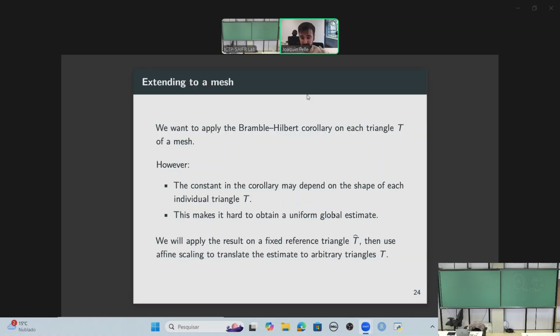We cannot directly apply it to each of the triangles of the mesh, because on each triangle we have a different polynomial, and then the constant in the corollary will depend on each of the individual triangles, and that will make it difficult to obtain a global estimate, right? So we need to construct a certain way of talking generally about all of the triangles first.